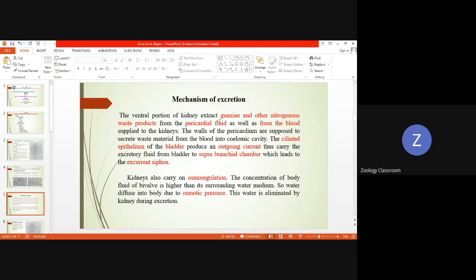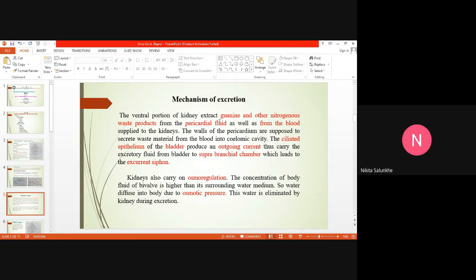But another main function is osmoregulation. Osmoregulation is one of the important functions. Last time also I asked you the question, what do you understand by the word osmoregulation? Can you answer me? Do you know the meaning of the word osmoregulation?